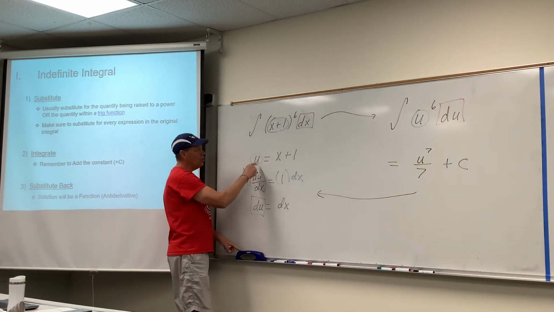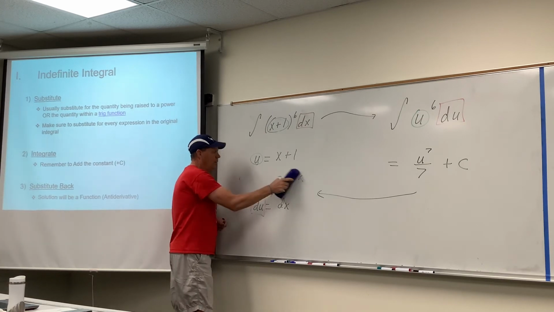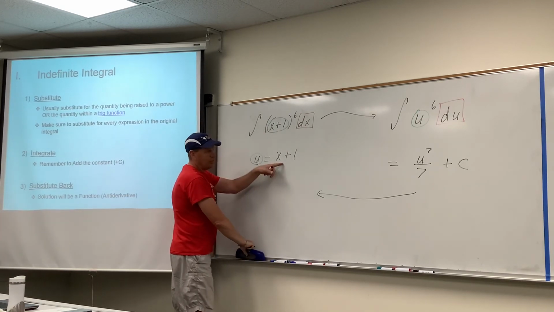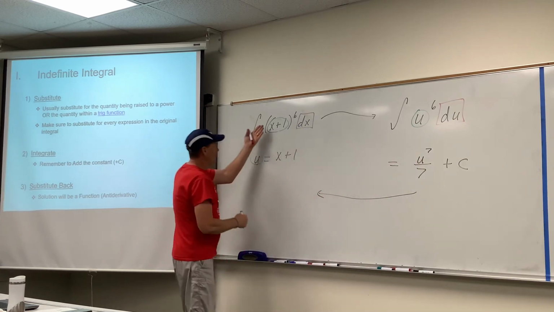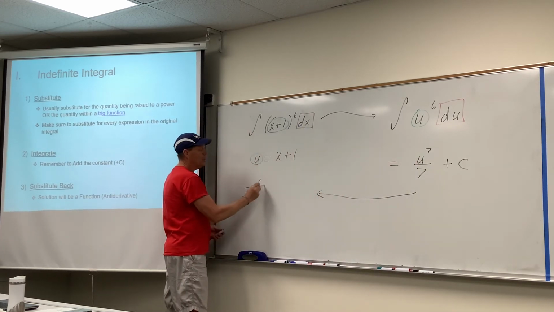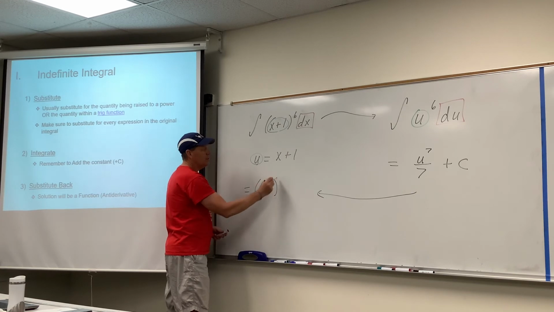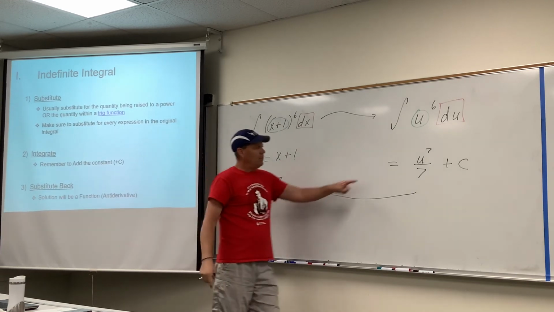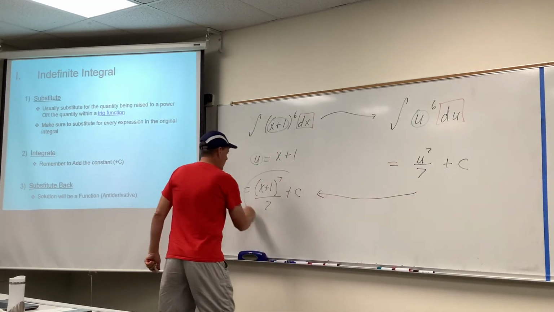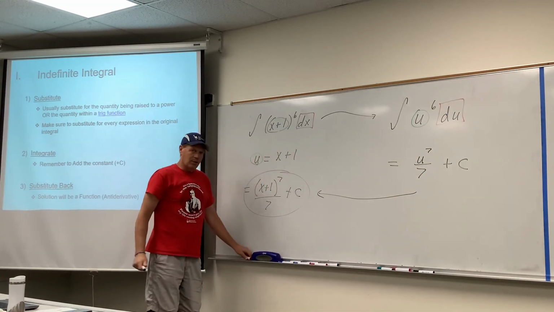And keep in mind that u was x plus 1. So putting x plus 1 back in here, the answer to the original question would be x plus 1 to the 7th over 7. Substitute it back, put that quantity back in for u. And this is the integral of that original x expression.